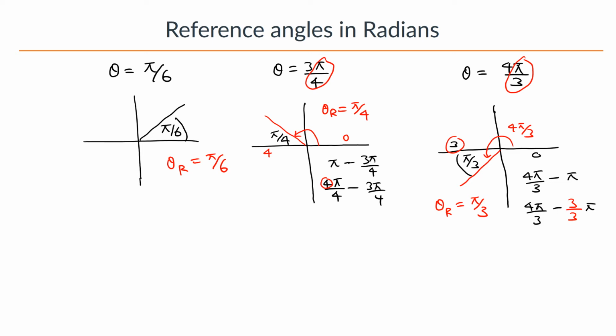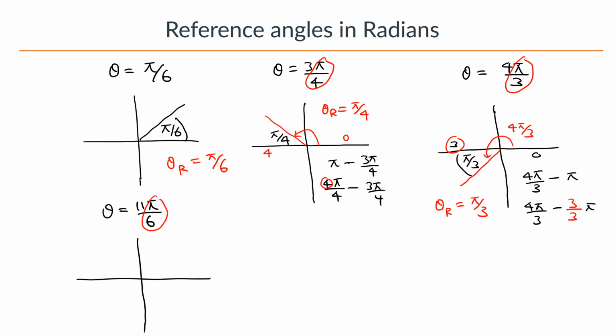Okay, let's look at 3 more. How about theta equals 11 pi over 6? Now you know what the reference angle is, but let's confirm. Later you will see that that's exactly the case. So 11 pi over 6. Let's look at multiples of 6.